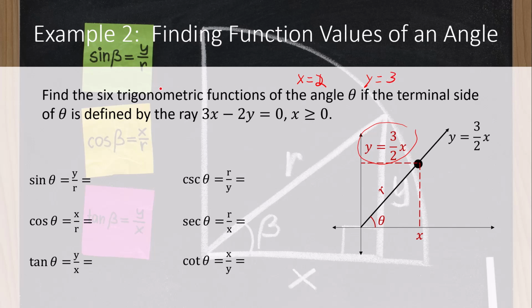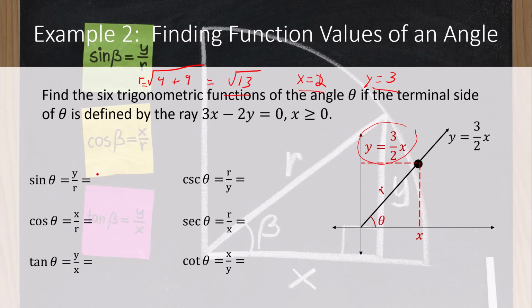Okay? Now if that's the case, r is going to be the square root of x squared, which is 4, plus y squared, which is 9, which is going to give us the square root of 13. And since 13 is a prime number, we can't reduce that anymore. But notice here, we have an x, we have a y, and we have an r. So we can go ahead and do the exact same thing that we did before.